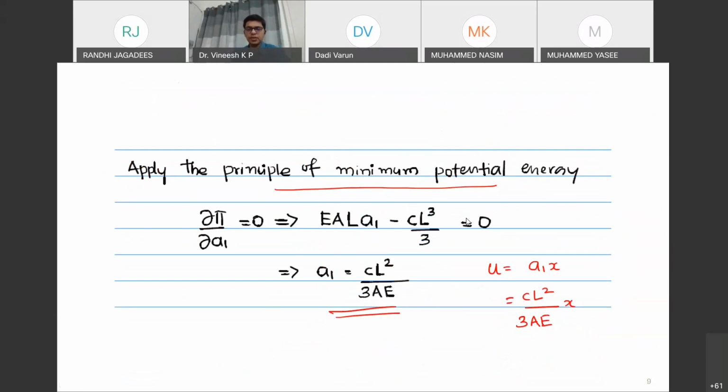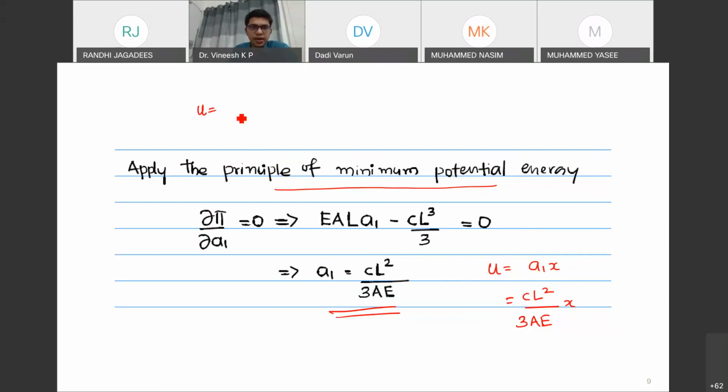Initially we assumed that u is equal to a1x. We assumed only one degree of polynomial initially. You can approximate to any degree of polynomial, up to n degree. So we take an approximate polynomial function of degree n. Assume that n is equal to 1.